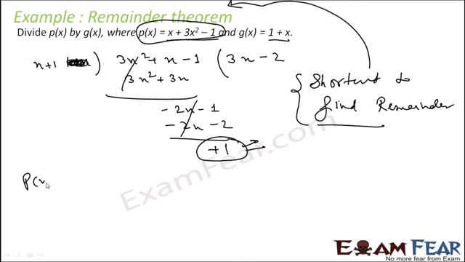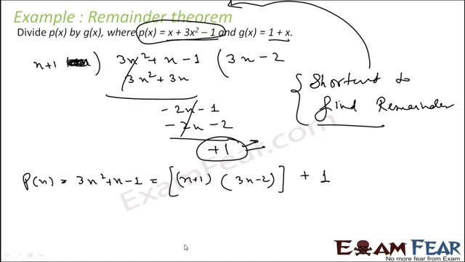See, this px was what? 3x square plus x minus 1. And we wrote this as multiplication of these two numbers, that is x plus 1 into 3x minus 2 whole thing plus remainder, that is 1.